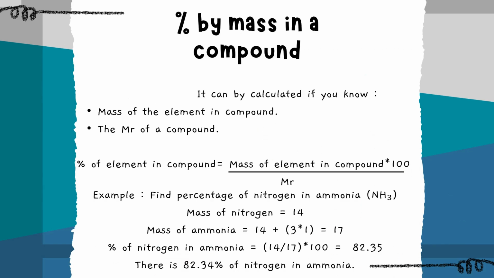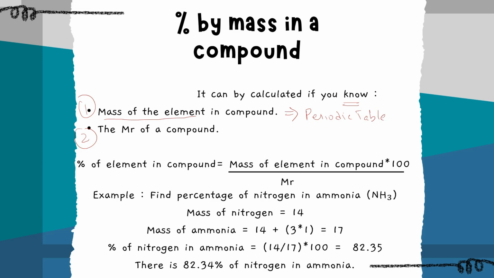Percentage by mass in a compound. It can be calculated if you know first the mass of the element in the compound, second the Mr of the compound. Mass of an element in a compound can be checked from the periodic table.